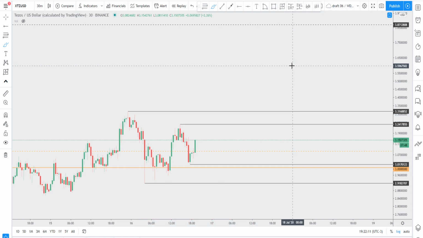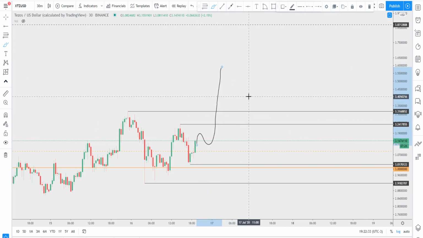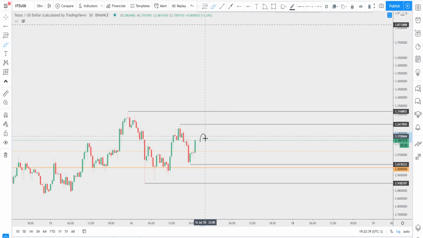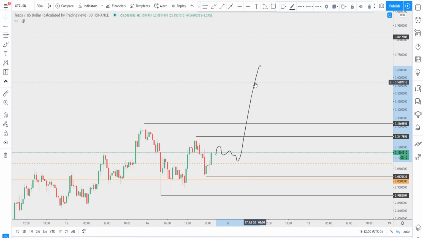Okay, we always have to acknowledge the difference in the numbers' size. It's crystal clear that the bulls have a bigger range compared with the bears here, and it is possible, folks, to have a move like this. Okay, but again, we can look for an ease-off of the bears before a bull break, before the next morning. Okay, so for now, this is my 50 cents here for Tezos, folks.